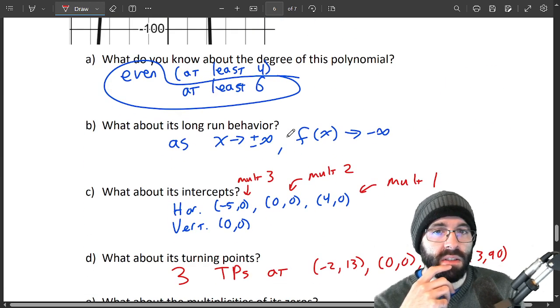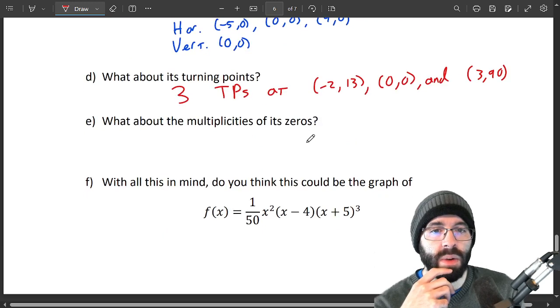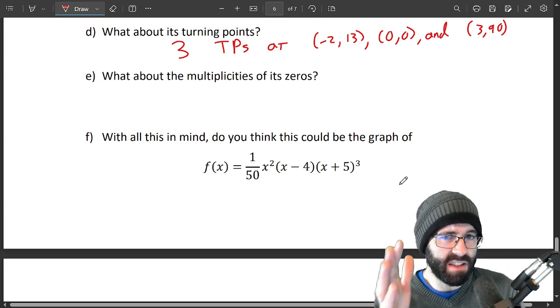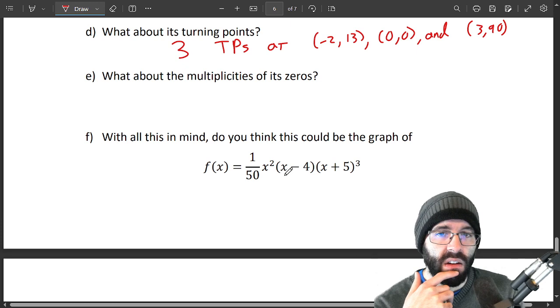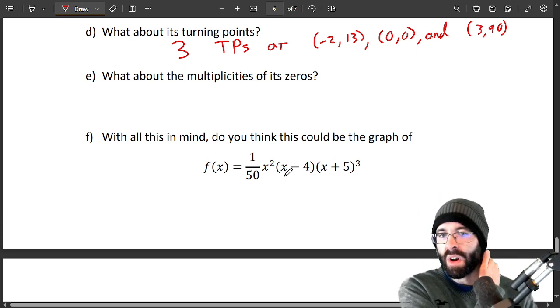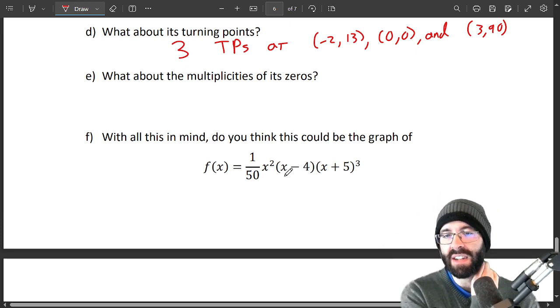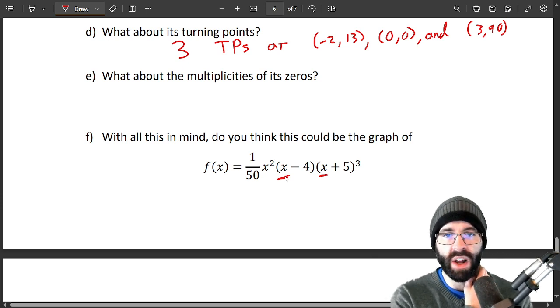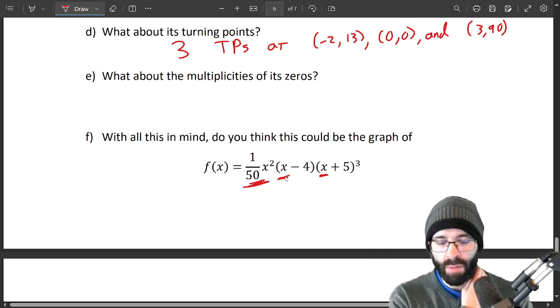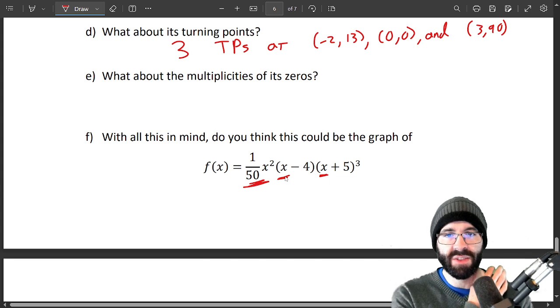Long run behavior would be going down in both directions. Oh. Look at our leading coefficient. It's kind of hard to see the leading coefficient. We don't have this all expanded out. But the leading coefficient is what all the x terms are going to have, the biggest x terms. So we're going to have a 1x cubed that comes from this thing. A 1x from this, we have a 1x to the 4th, multiplied by a 1/50th x squared.